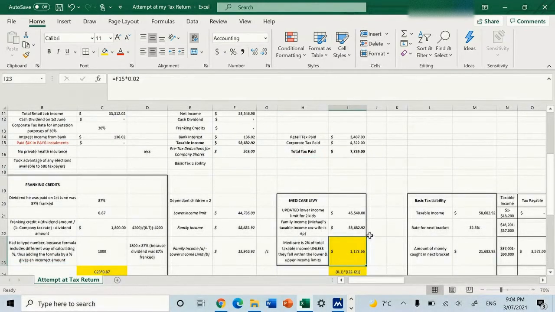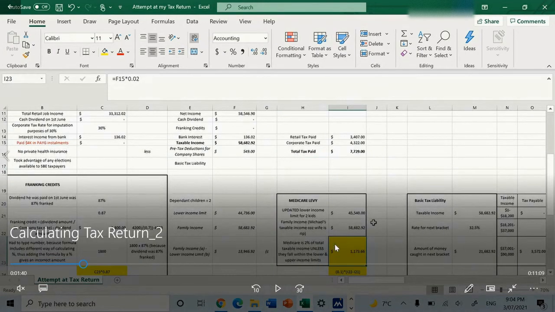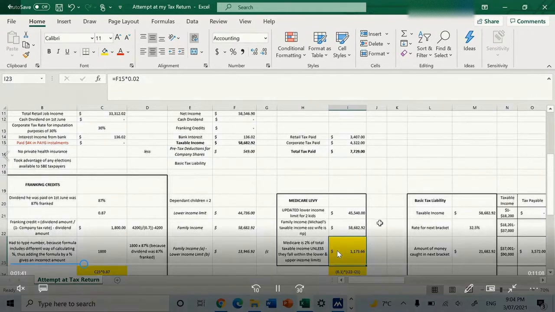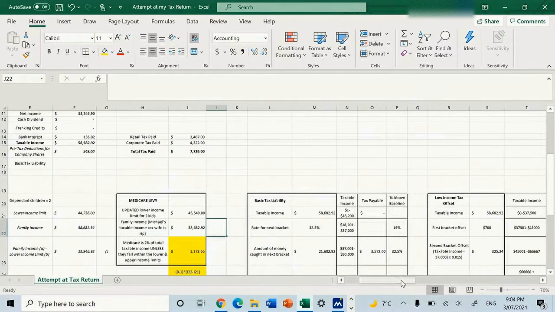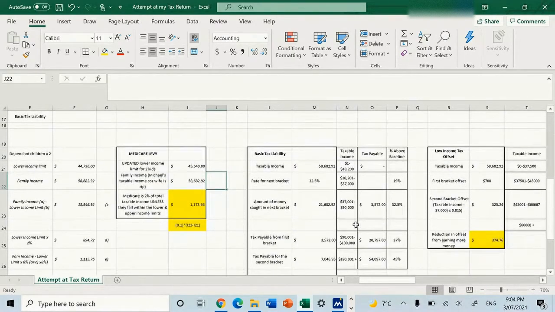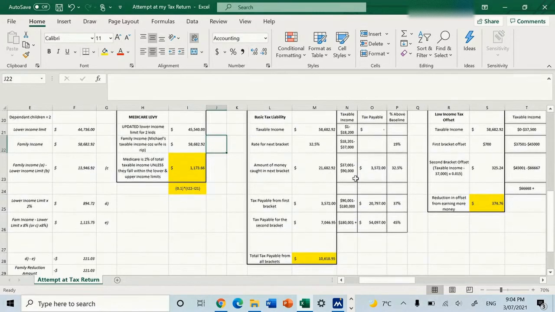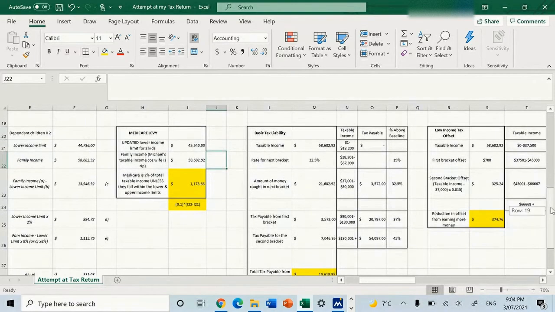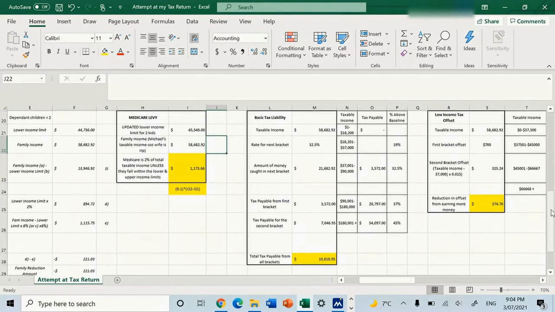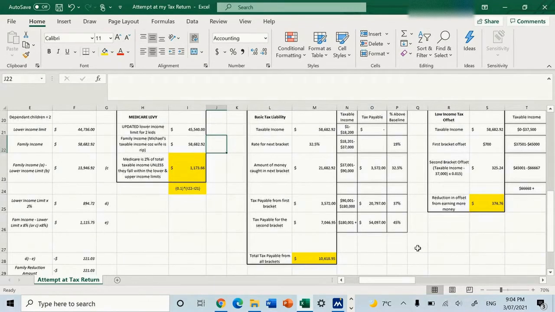Medicare levy, as you can see, it's 2% of total taxable income unless you've got some lower and upper income limits, and dependent children impact that as well, but for the vast majority it'll just be 2% of your total taxable income. Basic tax liability, that is the tax you'd owe without taking into account deductions, basically.